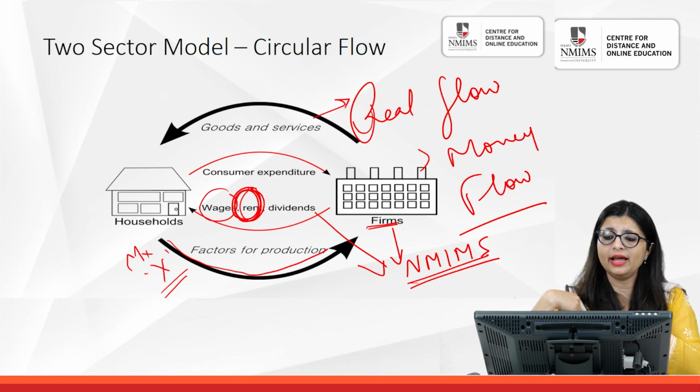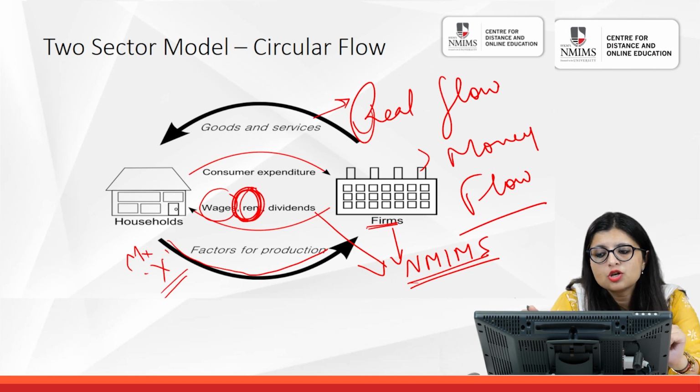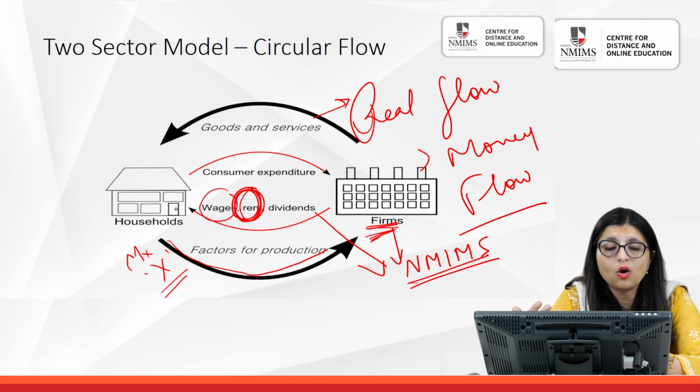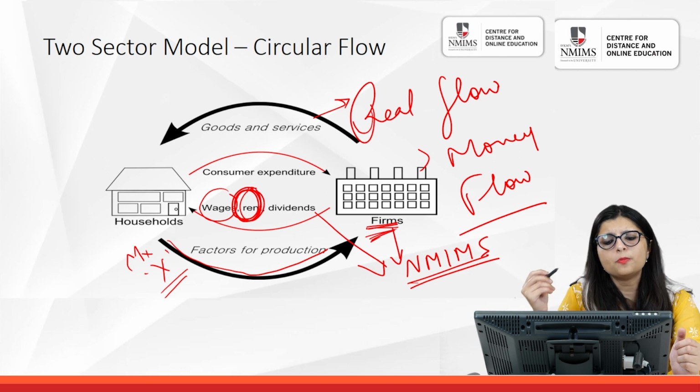So let's say Mr. X is also involved in a teaching assignment with NMIMS. He is now an employee of that university, and as an employee he would get a certain salary or incentive for whatever deliveries he gives to NMIMS. So in these scenarios, what can you observe?